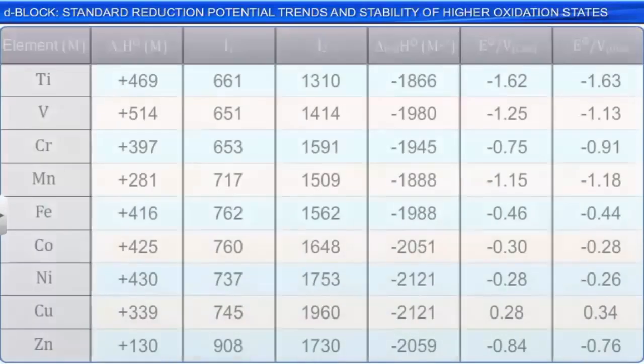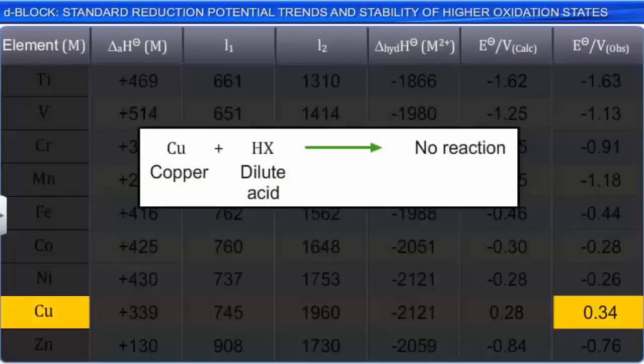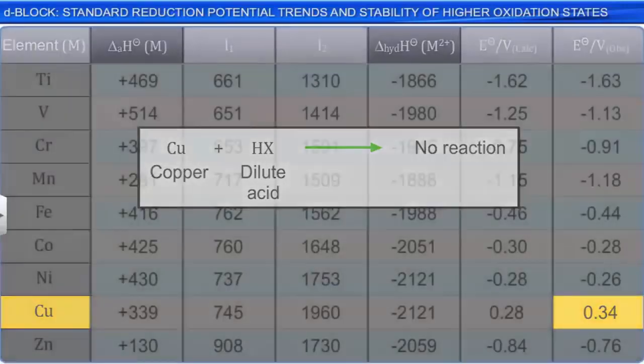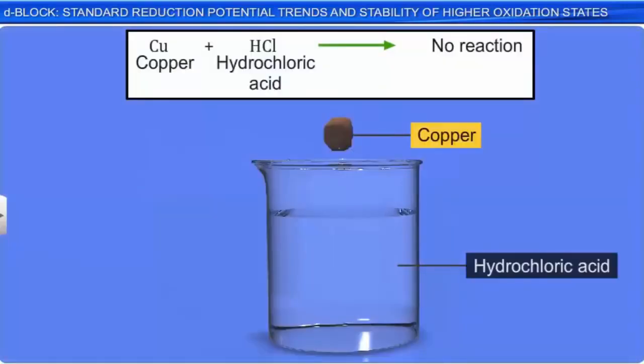Thus, copper is inert towards non-oxidizing acids such as HCl, but reacts with oxidizing acids such as nitric acid and hot concentrated sulfuric acid, as shown here.